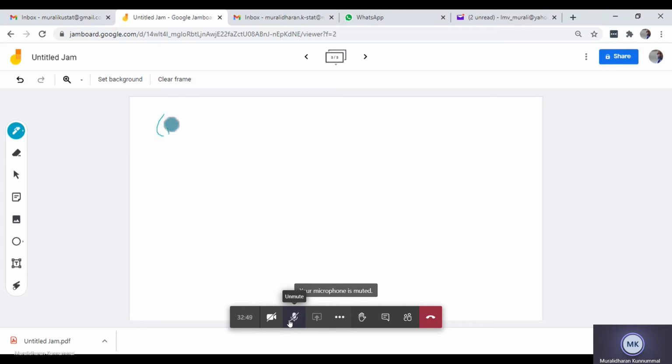First one, if A and B are any two events, and A is a subset of B, please note, A is a subset of B, then can anybody make a guess?